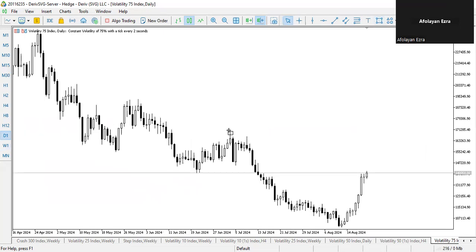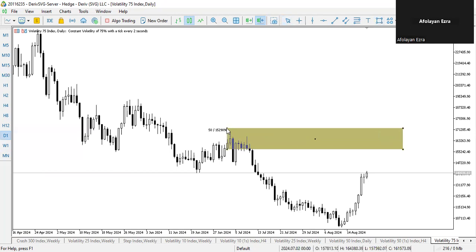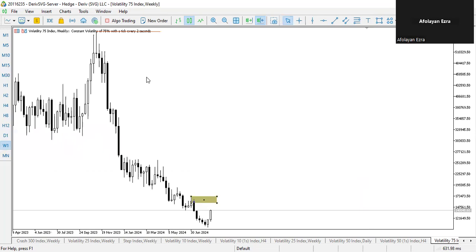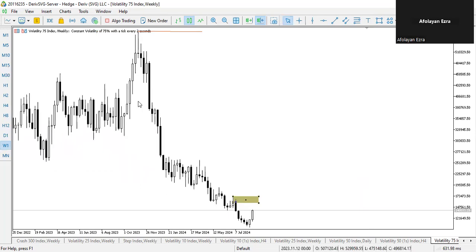If you want to actually sell this asset, you should wait for price around here, this whole area. This is where the sell orders are. If you come here, we should see a sell move to the downside, but use confirmation. This asset has sold for too long, more than 8 months.